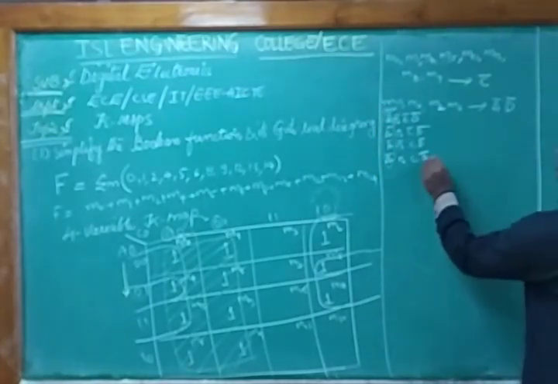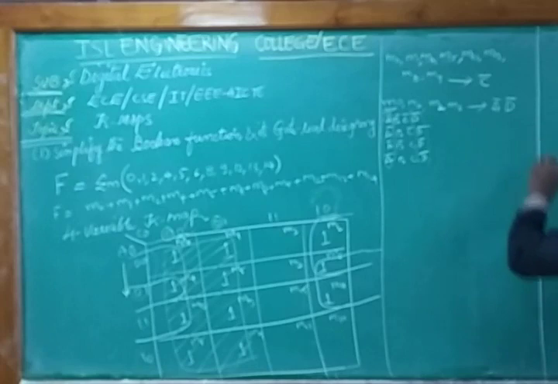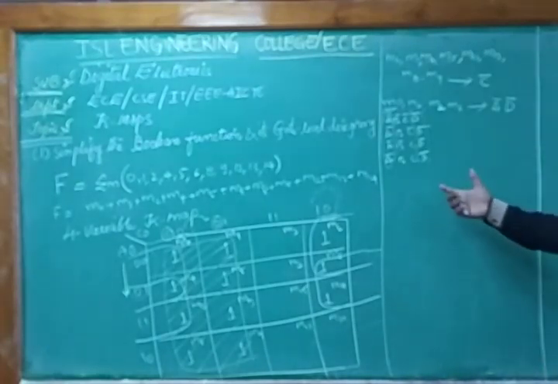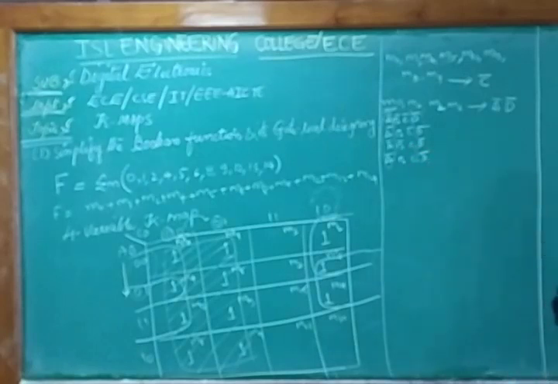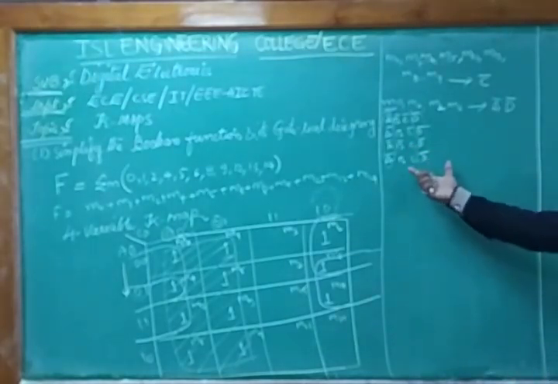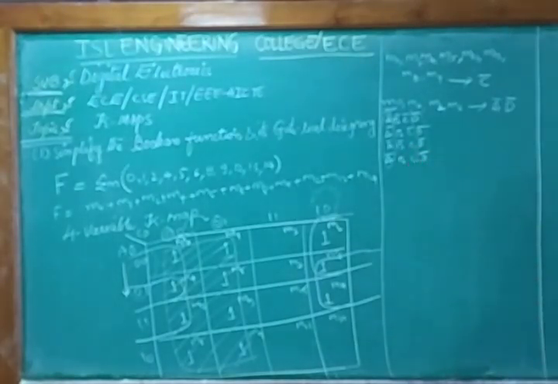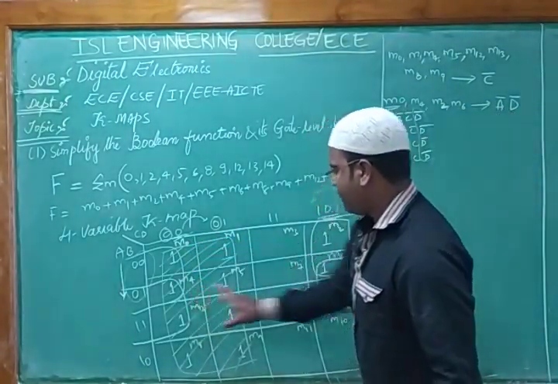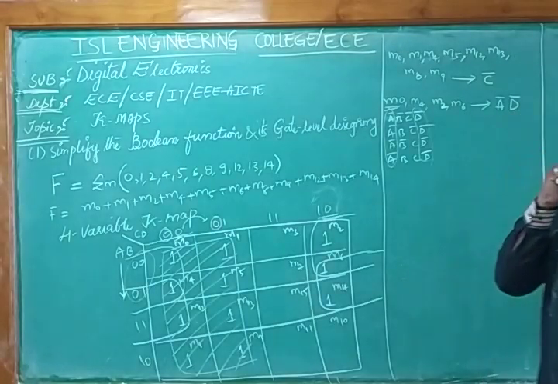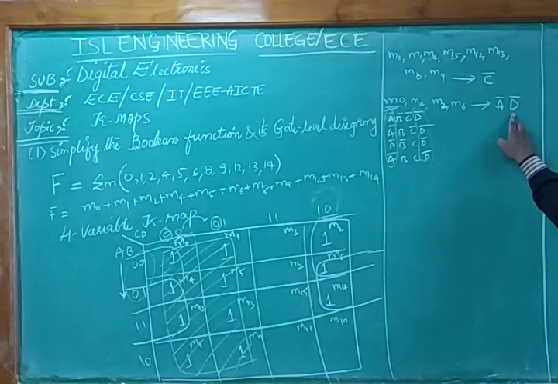And D bar is common too, so I have written D bar. This is also a way. If you didn't understand how to take the combination, you can go with this method also. But don't write it this way; for your explanation, I have mentioned this way so you can also take the common term. So for the first M0, M4, M2 and M6, we took those values and got A bar and D bar.